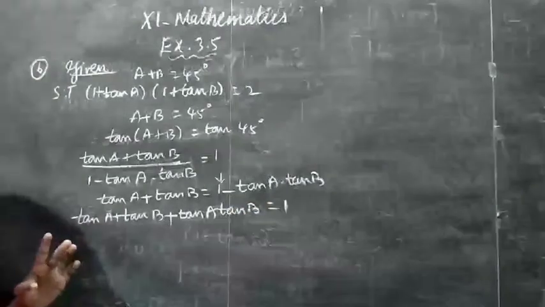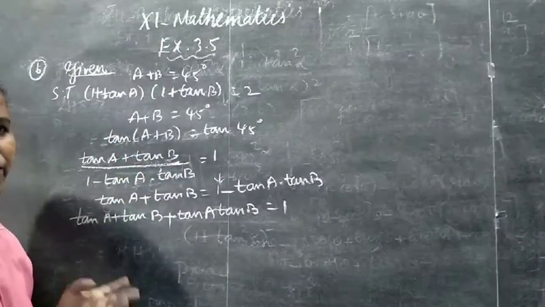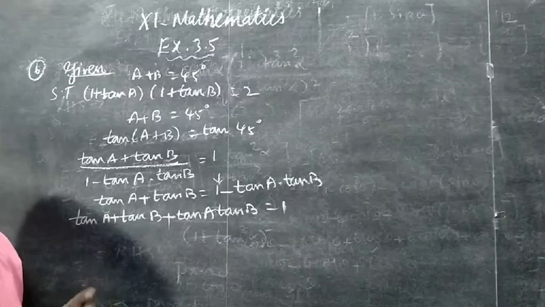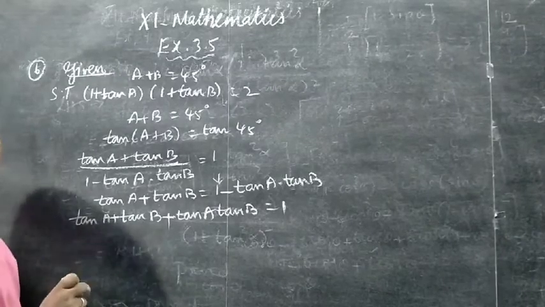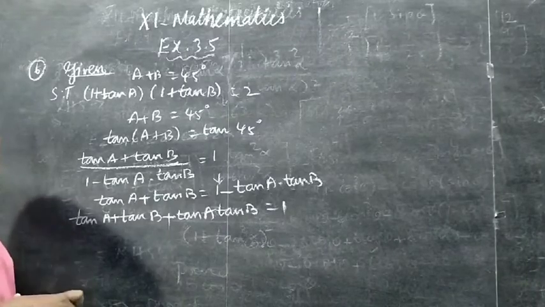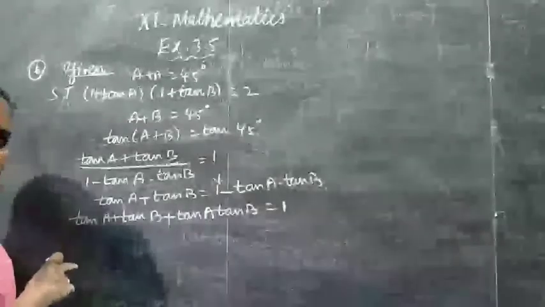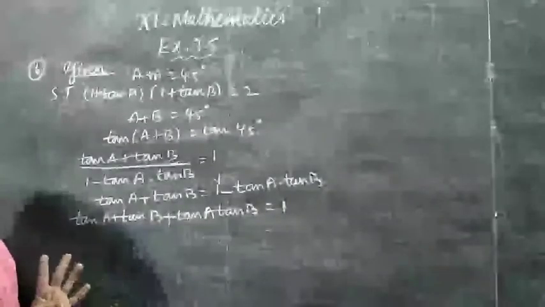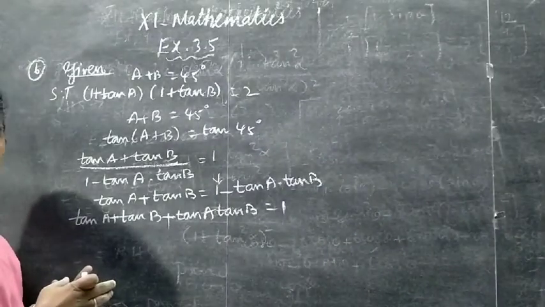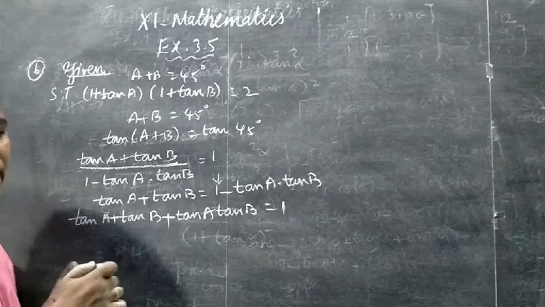See, the left hand side is in factor form, 1 plus tan a into 1 plus tan b. When will you get such a factor form? Only when there are 4 terms can you get the factor form. Here we have just 3 terms, you cannot factorize this. At the same time the right hand side is 2. To make the right hand side 2 we can add 1. If you add 1 on the left hand side also, the left hand side becomes 4 terms, and now the left hand side will be ready for factorization. Clear children? So for that purpose we are going to add 1 on both sides.